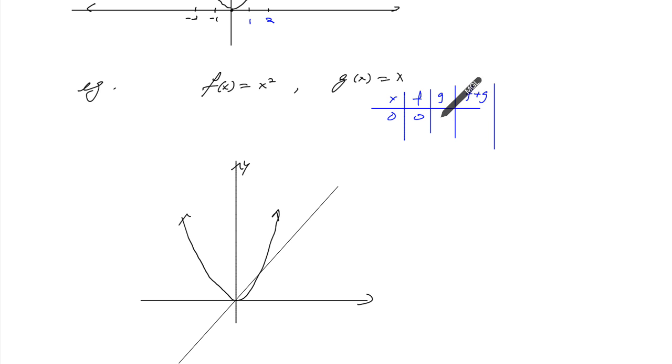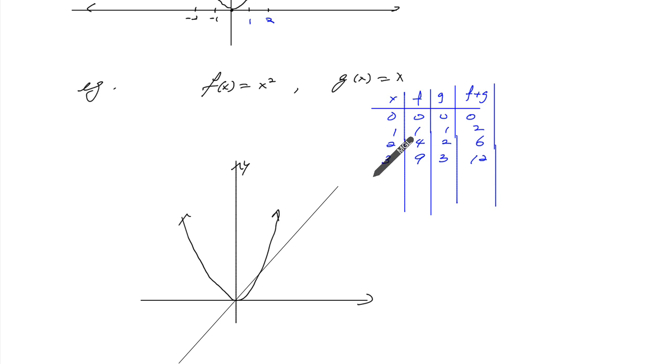When it's 0, this is 0, this is 0, so when you add it up, it's still 0. When it's 1, this is 1, this is 1, this is 2. When it's 2, this is 4, this is 2, so it's 6. When it's 3, 9, 3, 12.